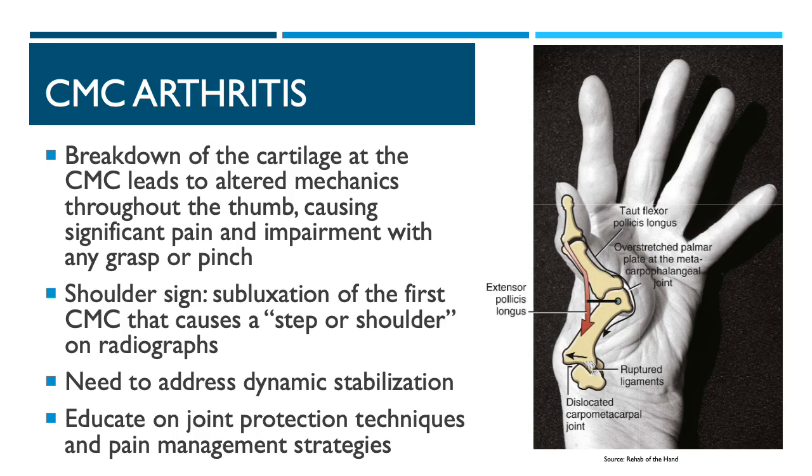What happens is the collateral ligaments surrounding the CMC start to get broken down, and they're not providing a stable base for the CMC. And because the first metacarpal has so many different directions that it can move, it's inherently unstable.